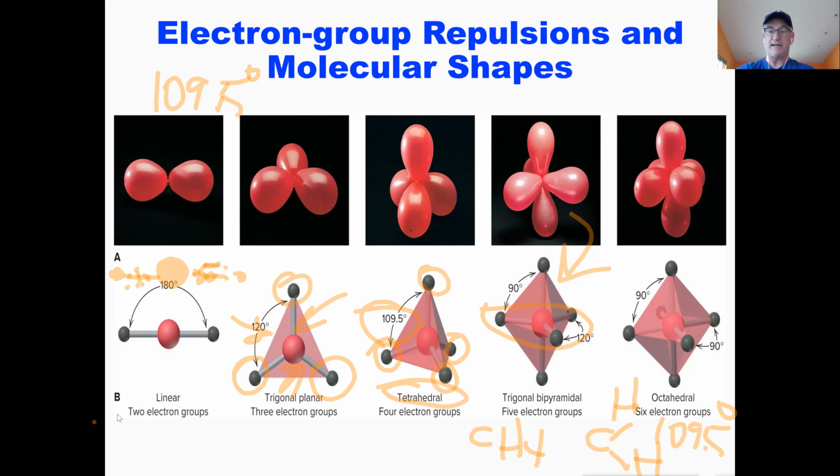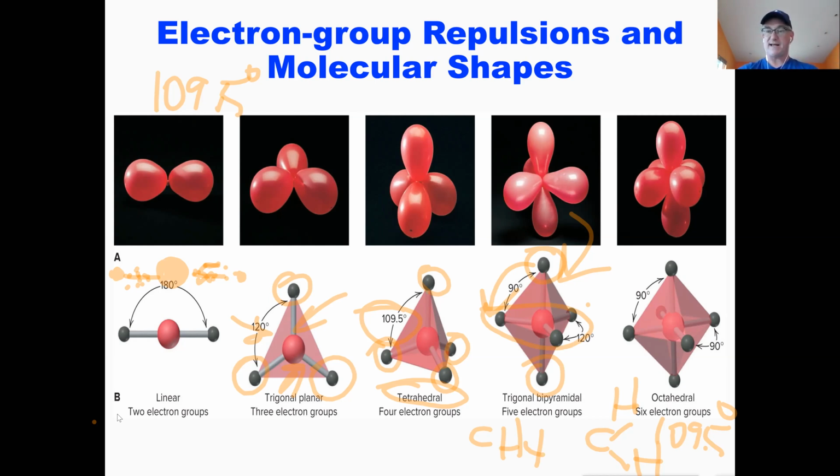There's the 90 degrees from the top and the bottom to those circling the middle. And then there's 120 degrees between those 3 groups circling the middle. And we call that trigonal bipyramidal, because it basically looks like 2 pyramids on top of each other.